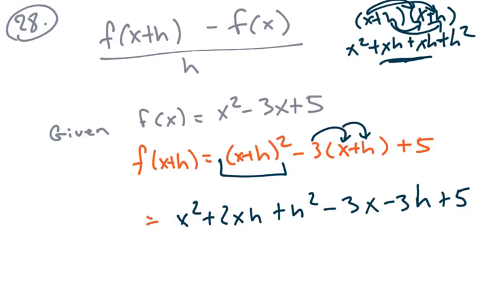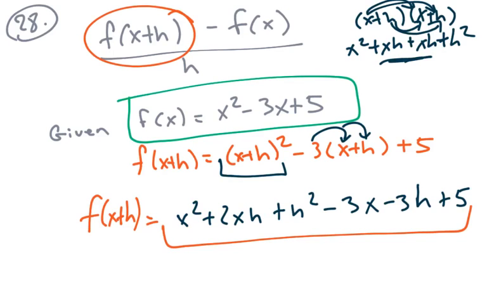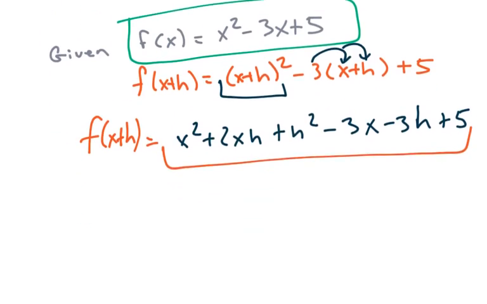So f of x plus h is all of this. Okay? So I'm going to take that and substitute it in here. f of x is x squared minus 3x plus 5, so I'm going to replace that here. So let's see what we get.